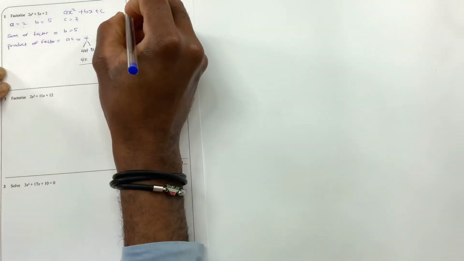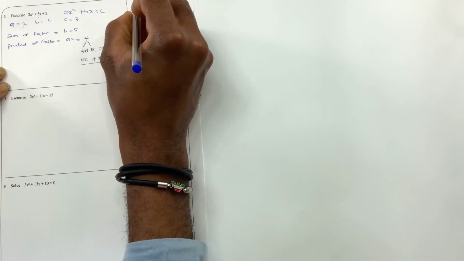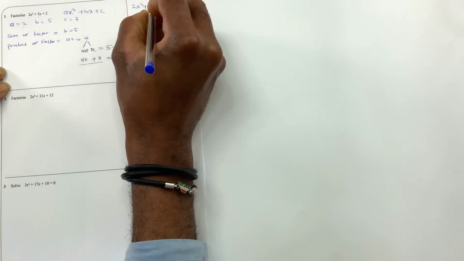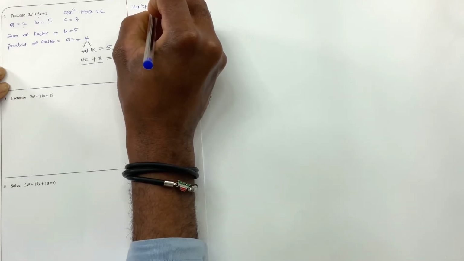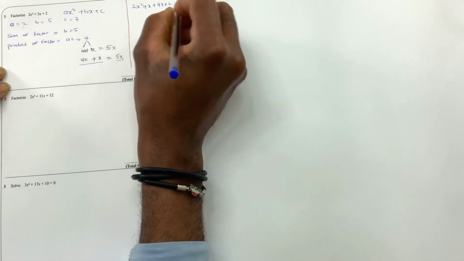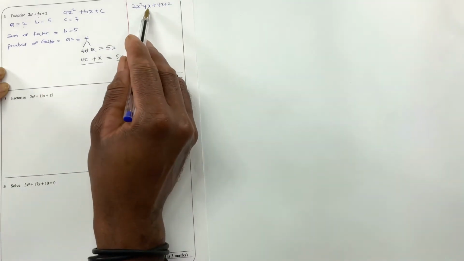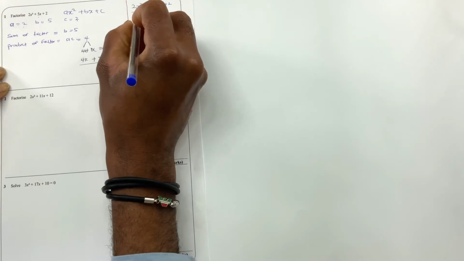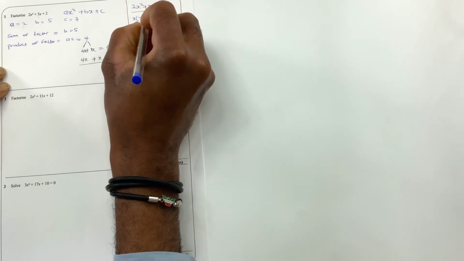So I'll get 2x squared plus x plus 4x plus 2. I'll just replace 5x with x plus 4x. The common factor here is x, so I'll write x into bracket 2x plus 1.